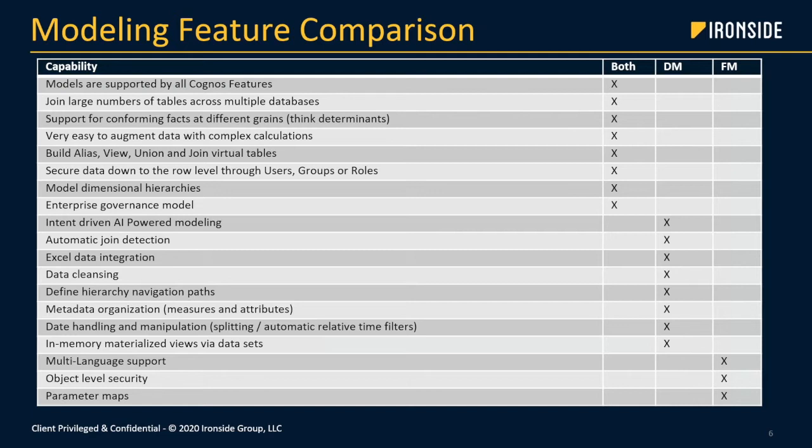At the bottom, you see the list of capabilities that aren't available in data modules is small and it's shrinking: multi-language support, object level security, and parameter maps. I know that object level security is on the roadmap. I believe the others are in the works as well.